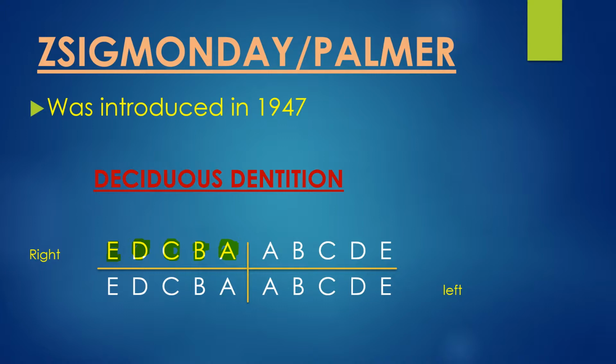In the same way, this is the upper left central incisor, upper left lateral incisor, upper left canine, upper left first molar, upper left second molar. In the same way, the lower portion is showing the lower left and right set of teeth.